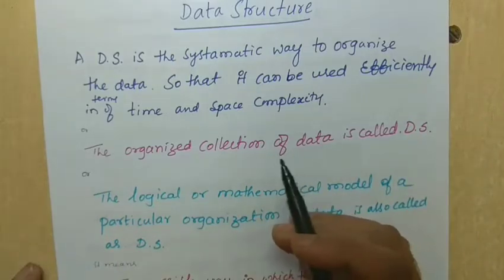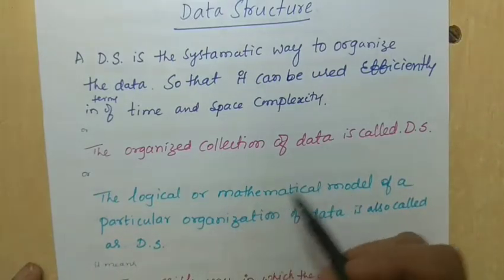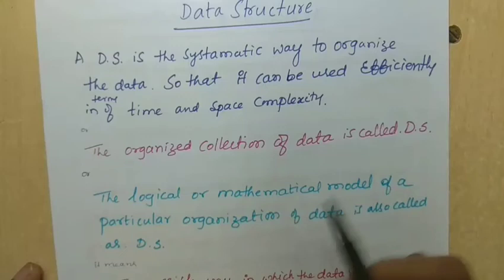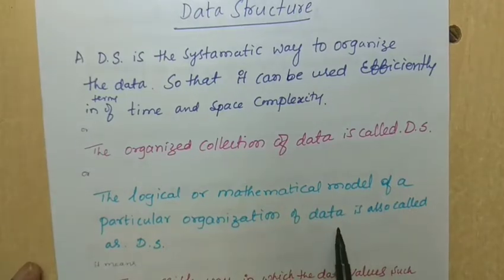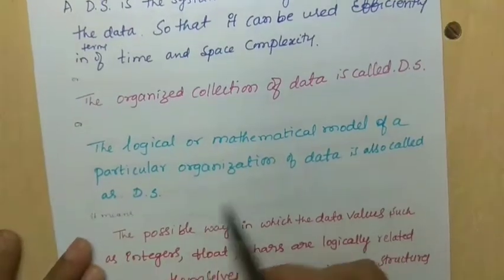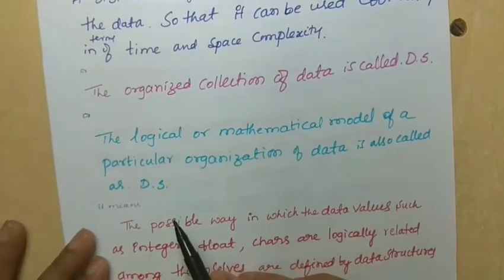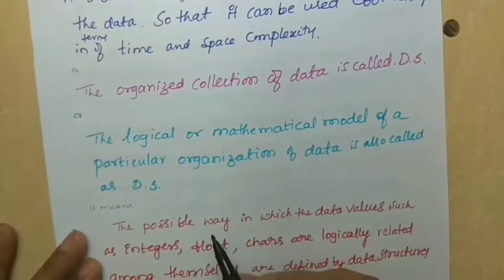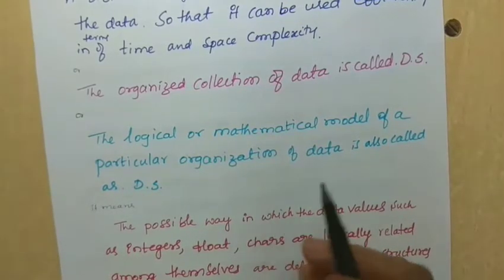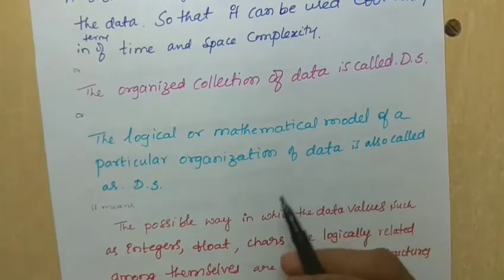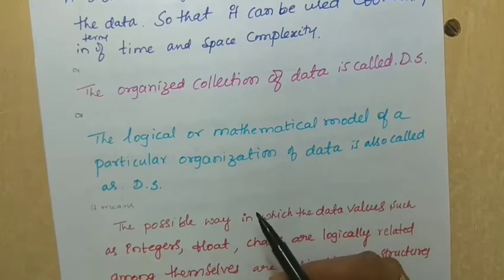So I can say the organized collection of data is called a data structure. And one more definition I'll give you: the logical or mathematical model of a particular organization of data is called a data structure. Certain data values become neighbors, or they may be adjacent to each other, or they may be stored far away.